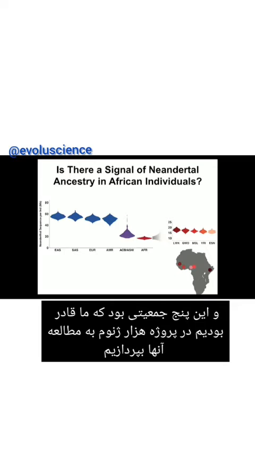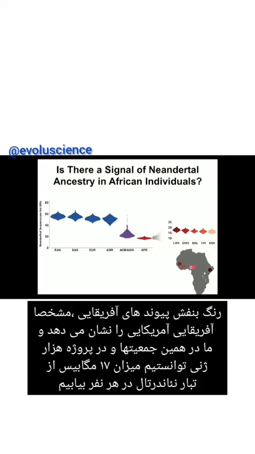And these were the 5 populations that were available for analysis from the 1,000 Genomes project. Purple here represents African admixed individuals, so largely African Americans. But even in these African populations from the 1,000 Genomes project, we find about 17 megabases of Neanderthal sequence per individual.